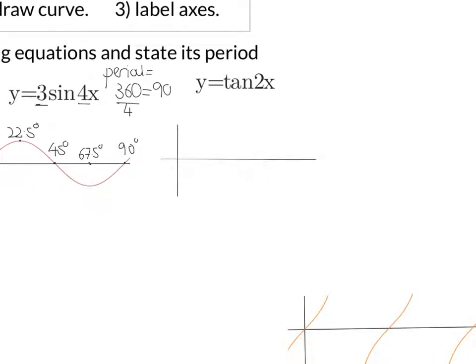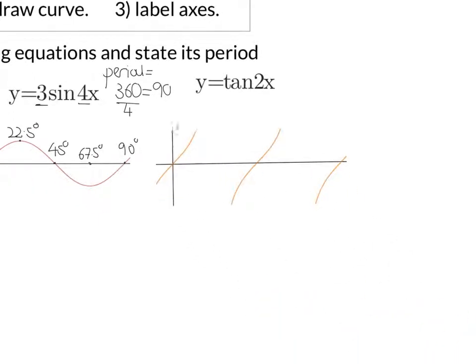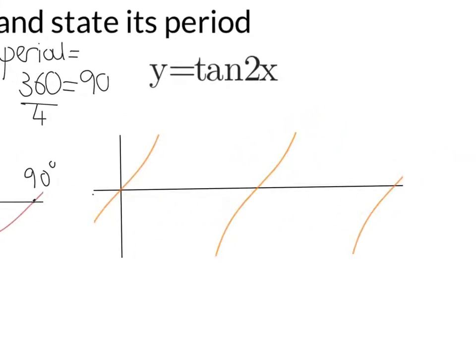So draw the axes, draw your curve. Now for tan curve, we do just need to remember that we have got some asymptotes in here. So the asymptote goes there and it goes there. Now, for a tan curve, we don't worry about maximum and minimum values because the maximum and minimum values are infinite.